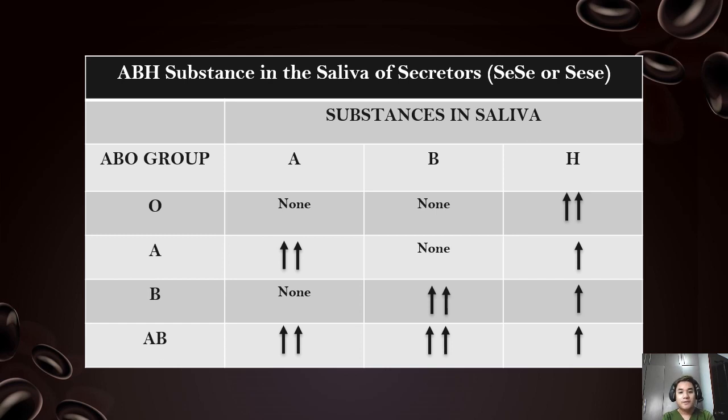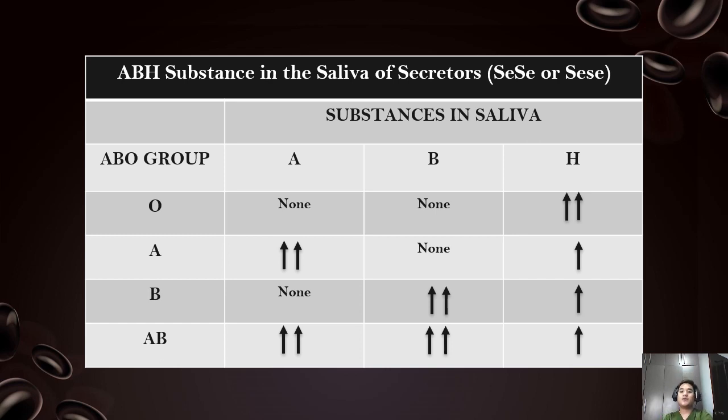However, it contains the most abundant concentration of the H antigen. So in this table, the H substance concentration is designated by the two arrows, which means that it also has the highest amount of H substance.